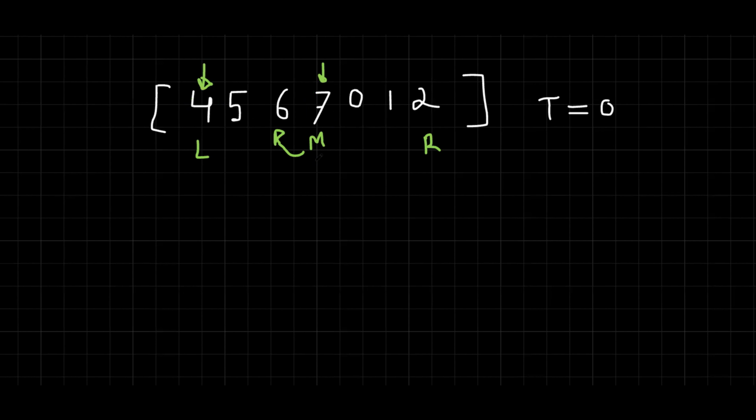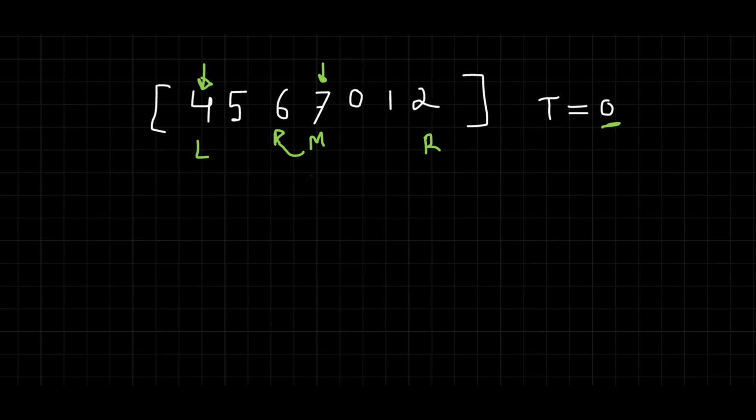Now, if the mid is in the left subarray, we have to determine whether the target is present in the left subarray or not. If the target is present in the left subarray, we have to discard the entire right subarray and search the value in the left subarray.